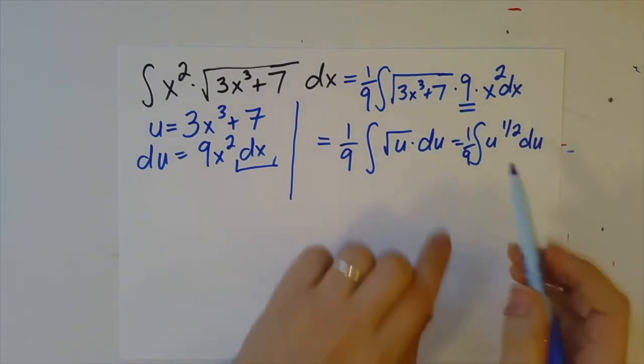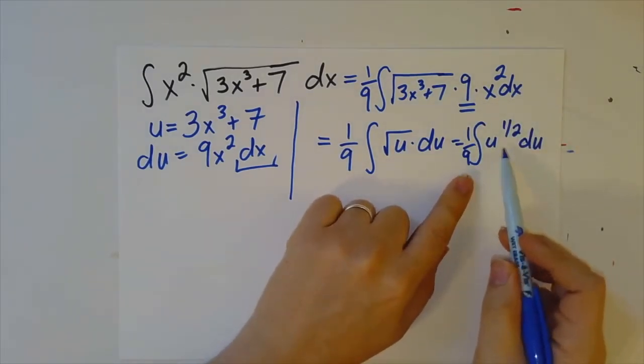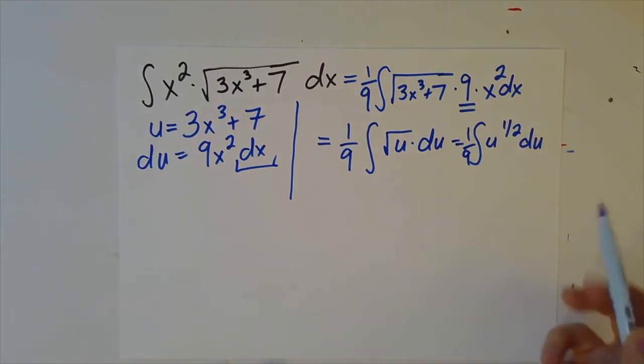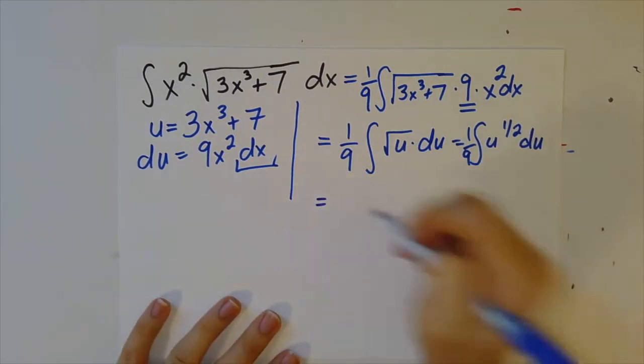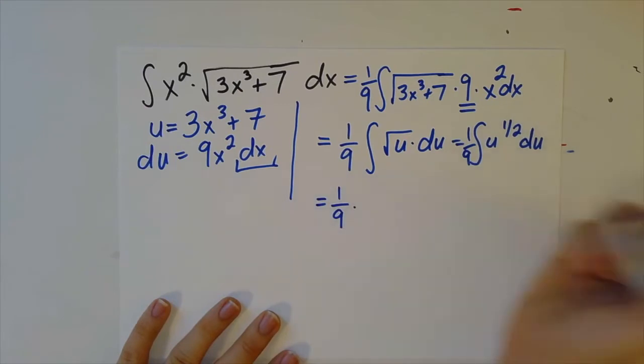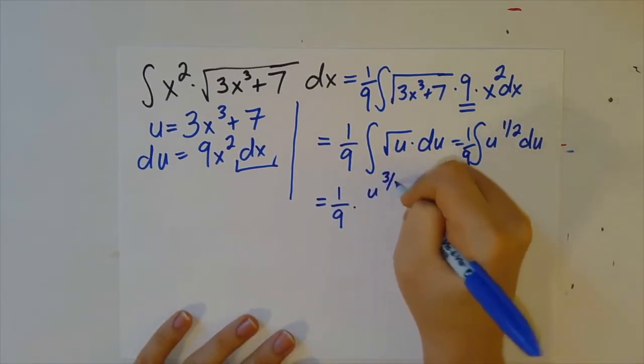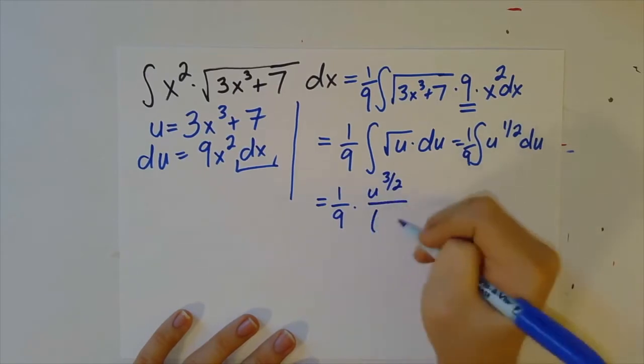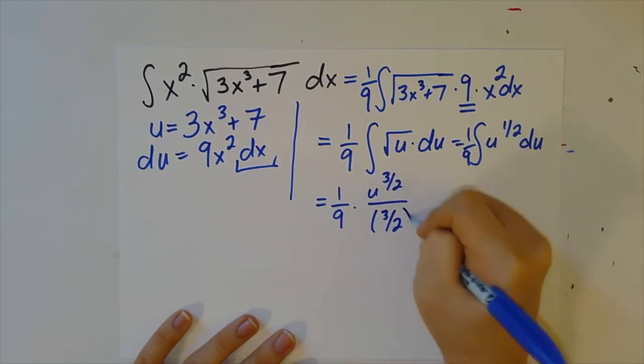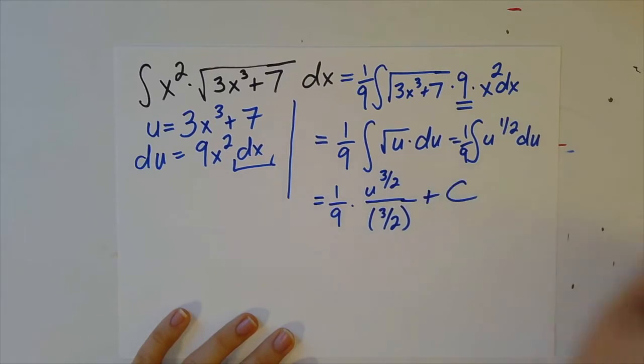Okay, so what do we have? We have 1/9 times the integral of u to the 1/2 du. And so now this is a power rule question. So this is 1/9 times, and u to the 1/2 plus 1, that would be u to the 3/2 divided by 3/2 plus c.